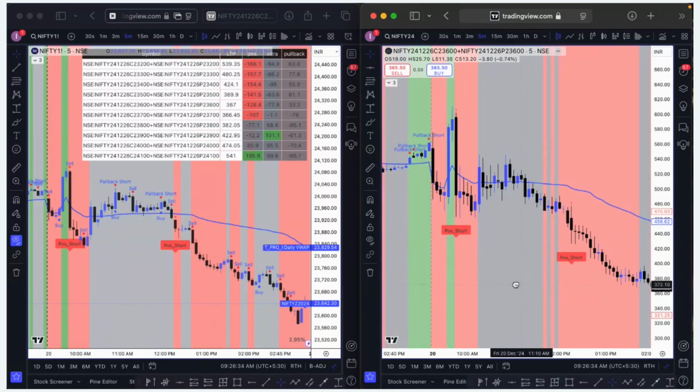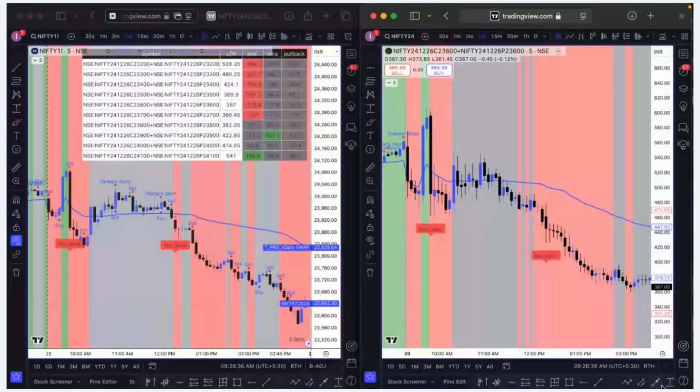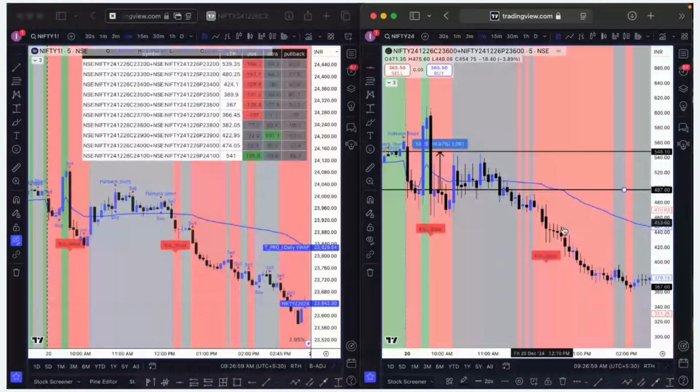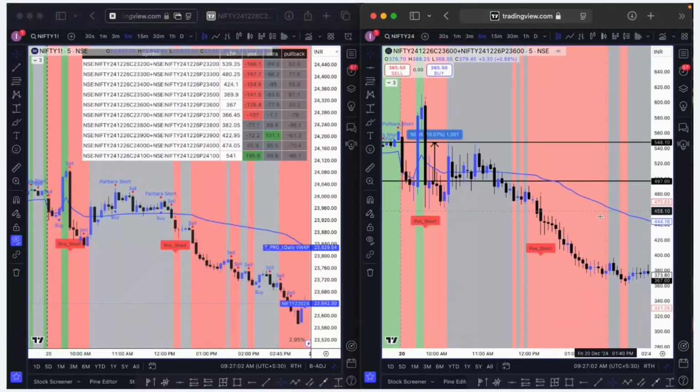You would have sold this straddle somewhere around here, and your stop loss is what I told you, 10%. Somewhere around here, 548, and your entry could be somewhere around here. So almost 50 points SL.